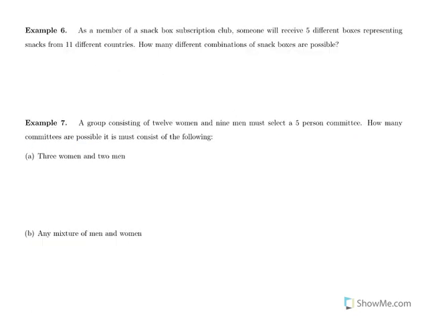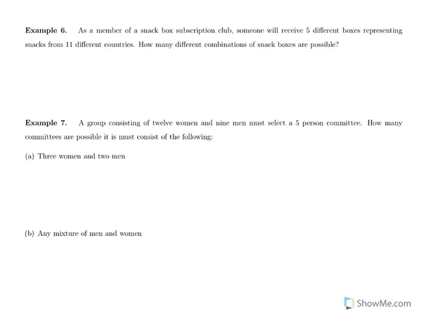So let's do some examples with combinations. As a member of a snack box subscription club, someone will receive 5 different boxes representing snacks from 11 different countries. Each box has its own country associated with it. How many different combinations of snack boxes are possible?